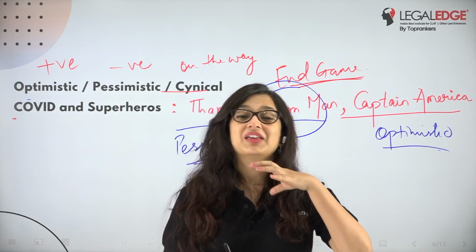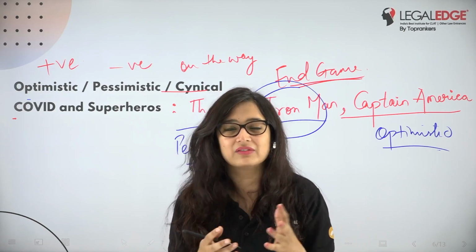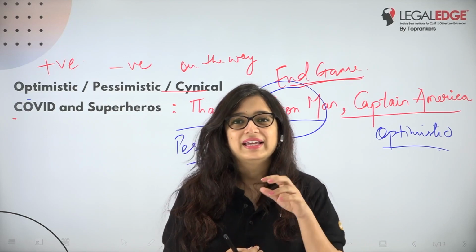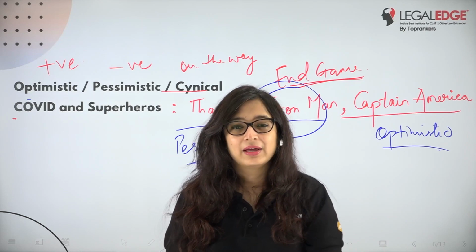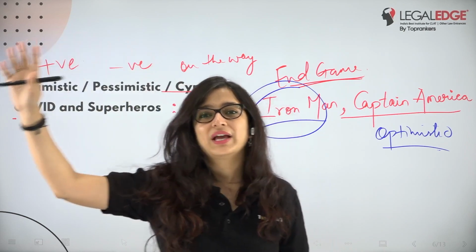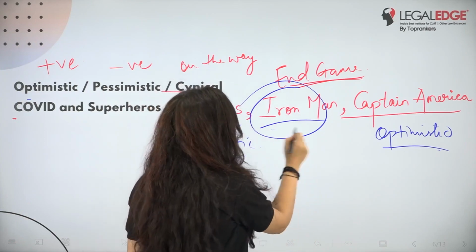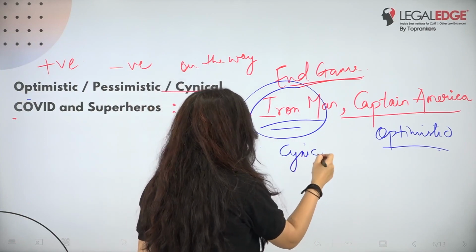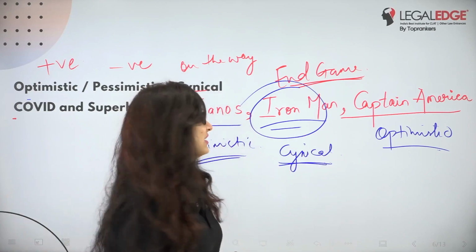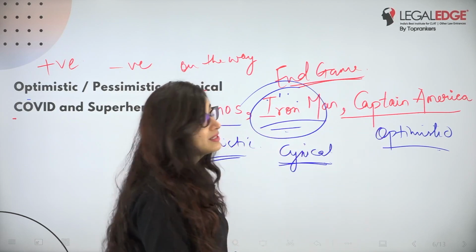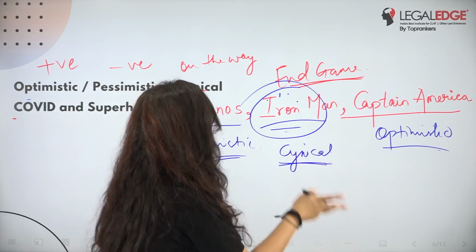After Captain America tried to convince him a little bit, he gave it a thought and said, "Okay, I'll try, but I don't think that we are going to defeat this very giant other person." So basically, Iron Man was cynical because he tried but was still negative about it, like he was just giving it a try. So it is cynical. Captain America was optimistic. He was the one person responsible for convincing these two people.